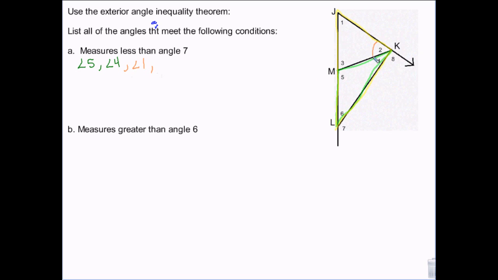And then this angle in the yellow triangle, well, that's 2 plus 4, right? If it's greater than 2 plus 4, but it was already greater than 4, that means it's also going to be greater than just 2 by itself. Does that make sense? So it's going to be bigger than angles 5 and 4 and 1 and 2.